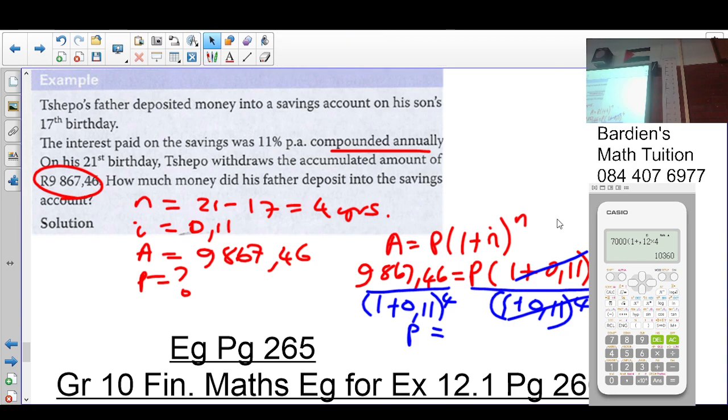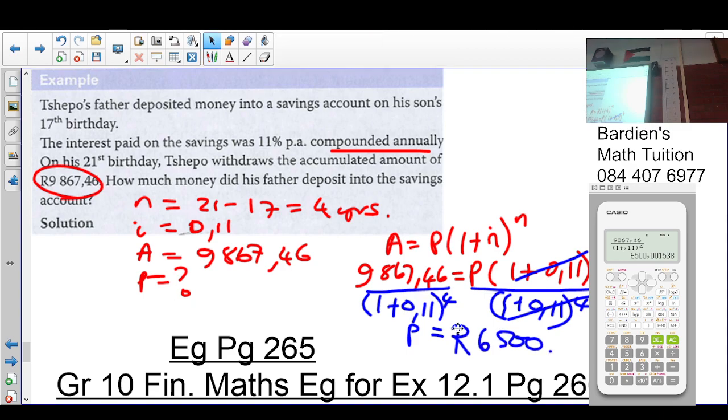So P is equal to 9,867.46 over brackets 1 plus 0.11 to the exponent n, or you could have put it as over 1.11 to the exponent n. So how much was initially deposited? 6,500.